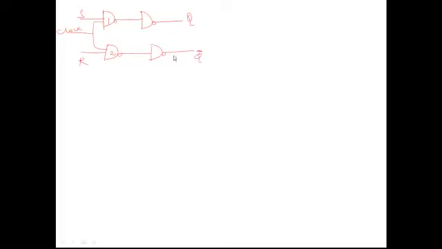Q bar is nothing but the complement of Q. Okay, complement in the sense not of Q. Q bar is nothing but the not operation of Q. And this Q is connected to the input of the fourth NAND gate. Q bar is connected to the input of the third NAND gate. Call it 3 and 4.